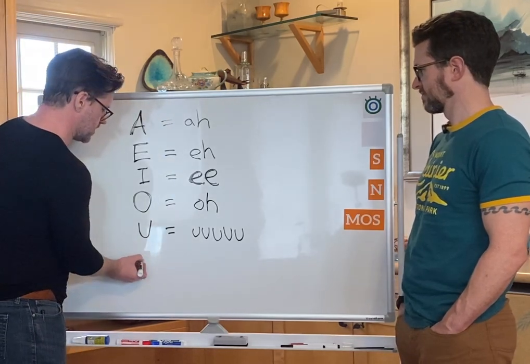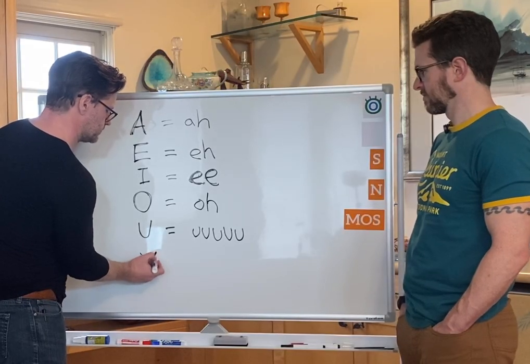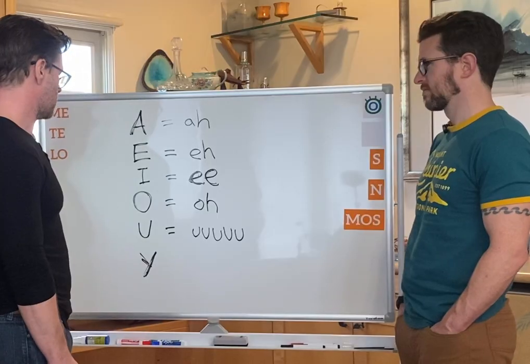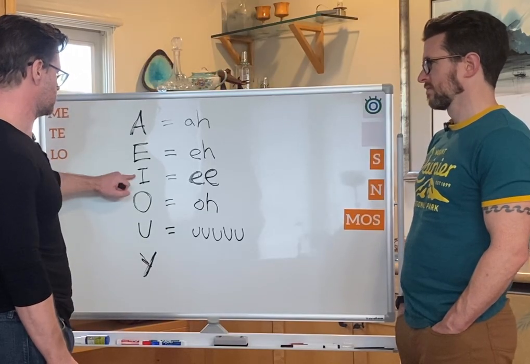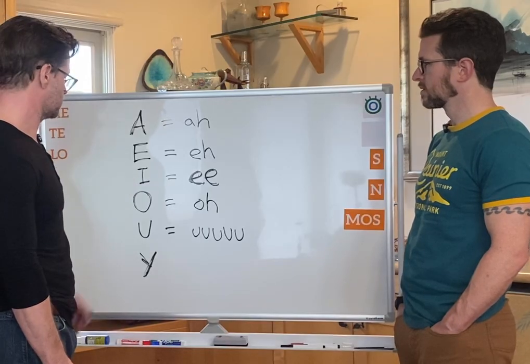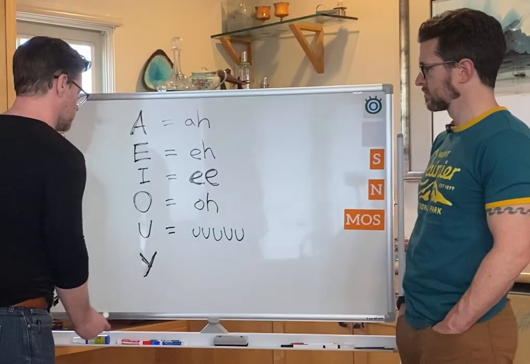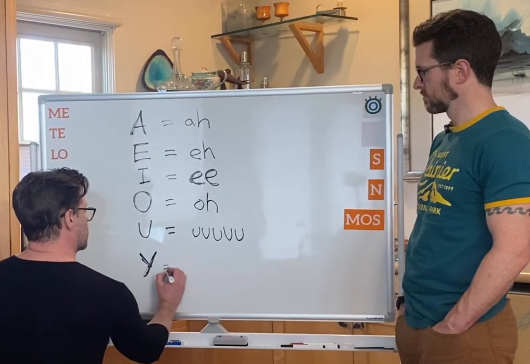Now, sometimes we'll see the Y, also known in Spanish as Y griega or Greek I, and it's basically pronounced the same as Fiji. E-E-E. In fact, Y griega on its own is the word for "and."